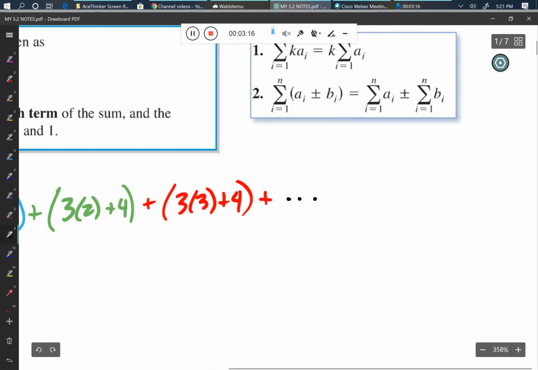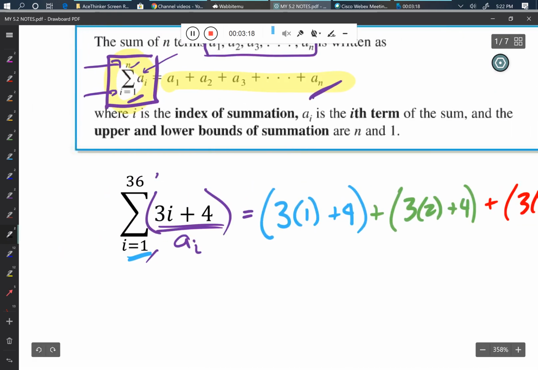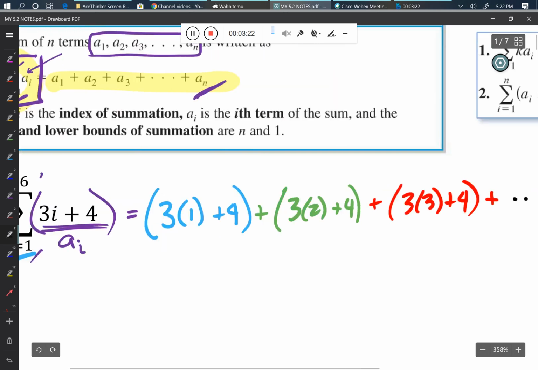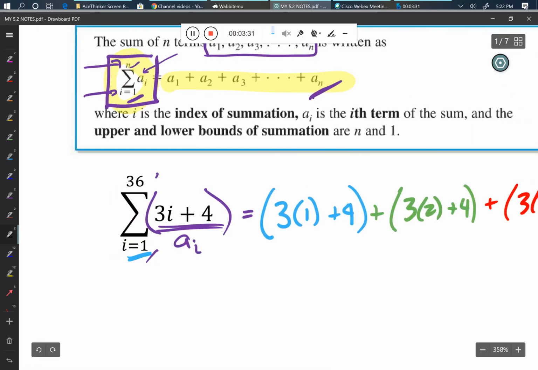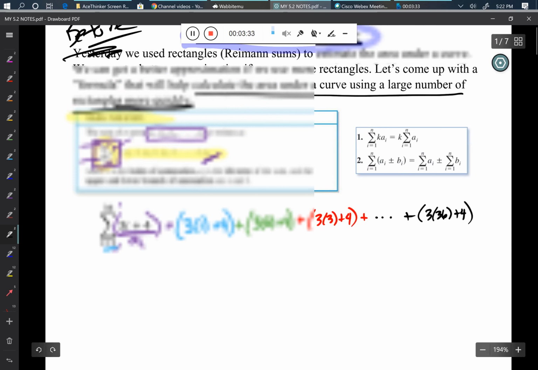Dot, dot, dot. I'm going to stop when I get to the 36th term of the sequence. So 3 times 36 plus 4. And that's what I would do to find the sum of this sequence.